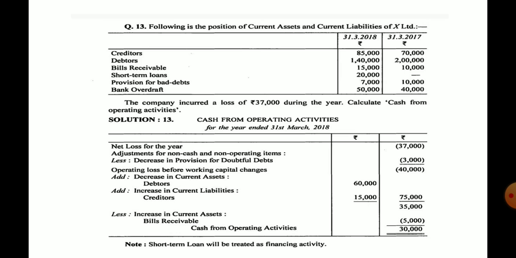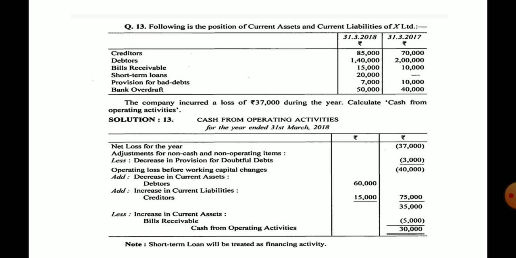Because provision for bad debt is decreased in the balance sheet, so it will be less here, right?